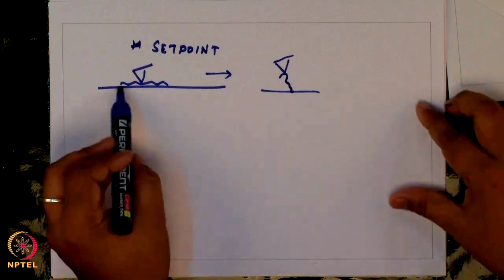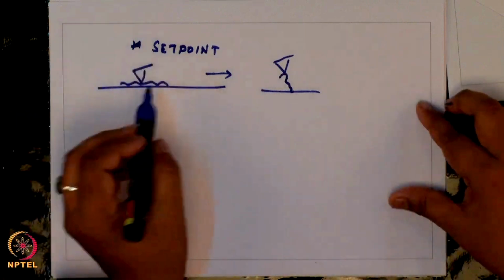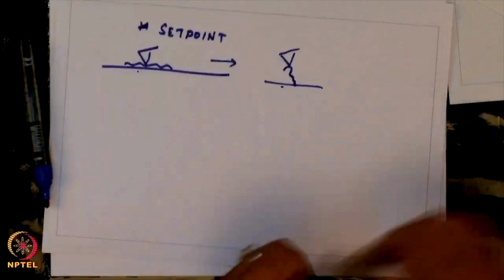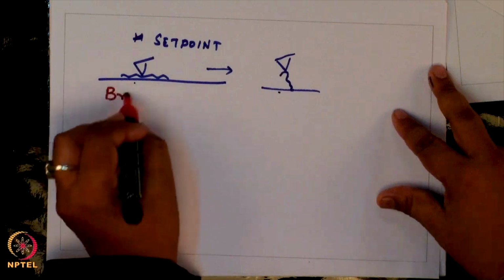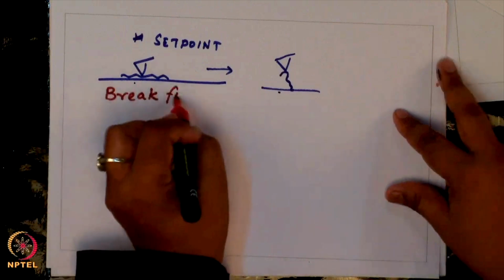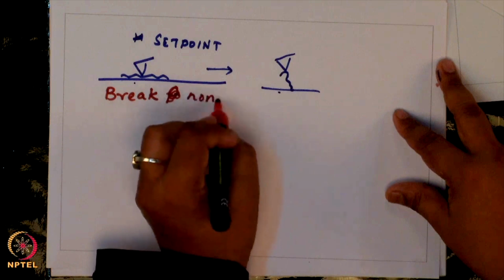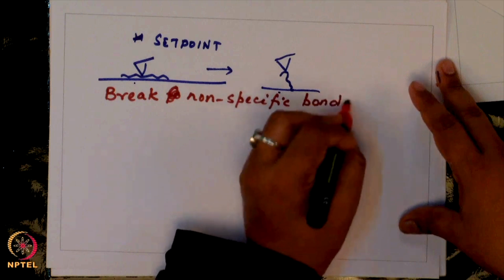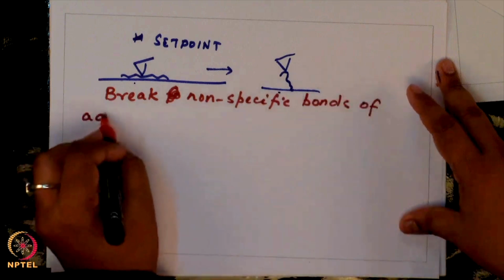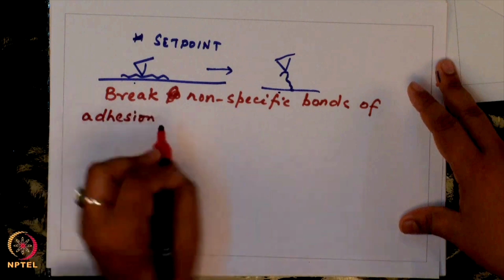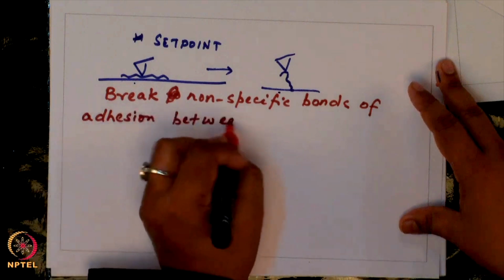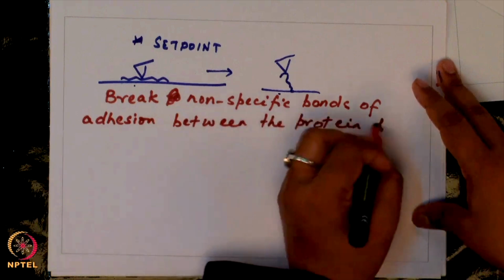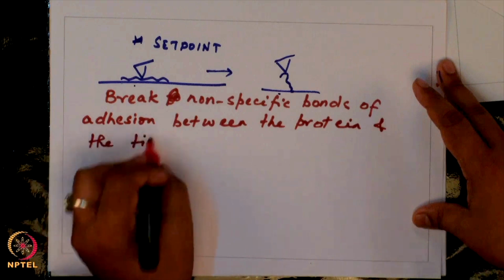Now, because the protein was adsorbed onto the surface, for the tip to go from this point to this point, you have to break the non-specific bonds of adhesion between the protein and the tip.